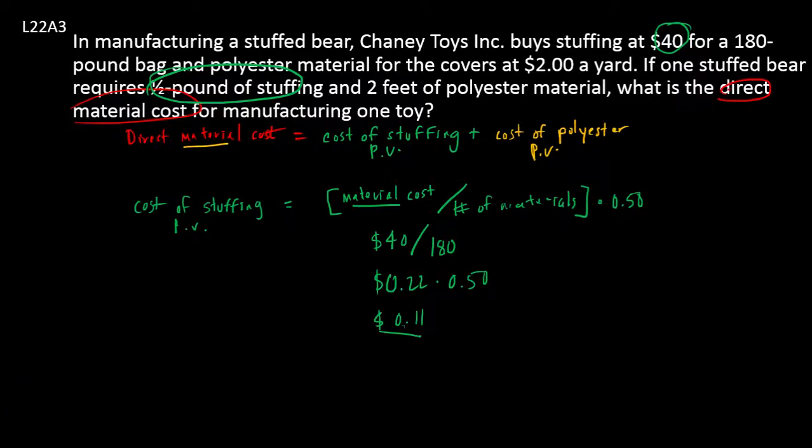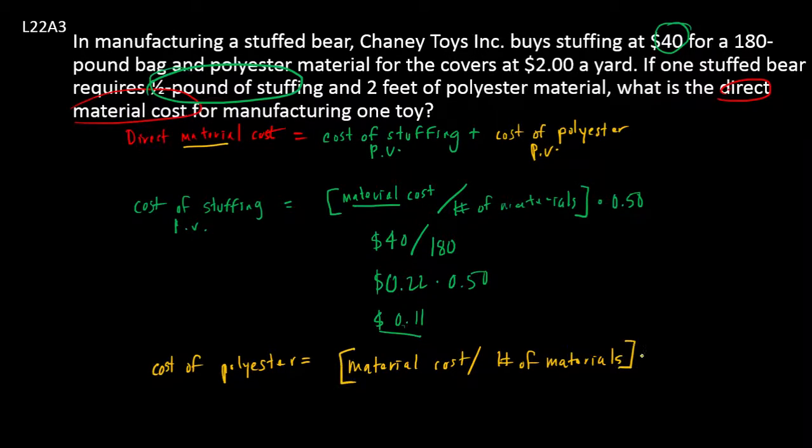I'll do a similar thing to find the cost of polyester per unit. So my cost of polyester is going to be equal to the material cost divided by the number of materials, and again, this is going to give me my unit cost, and then multiplied by 2 feet of polyester material.